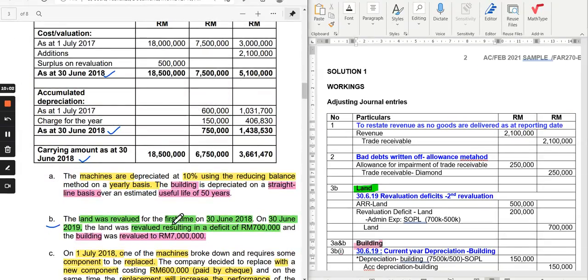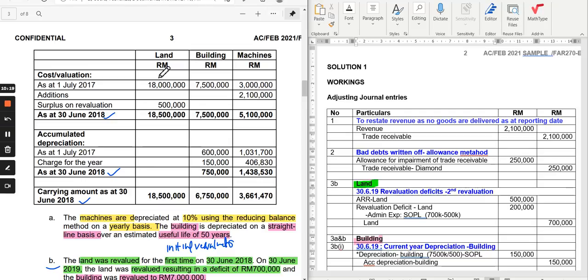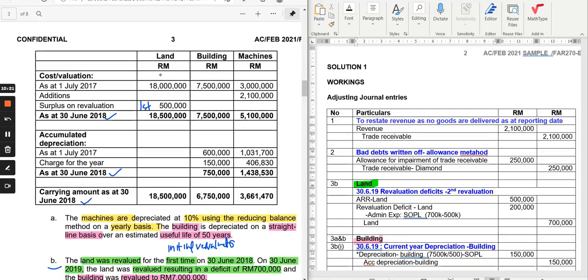The land was revalued for the first time. So this is actually the first revaluation, or you also call it initial revaluation. That was revalued the first time on 30th of June 2018. So if you look in the column here for land, this is actually the first revaluation, and you have the surplus for land.